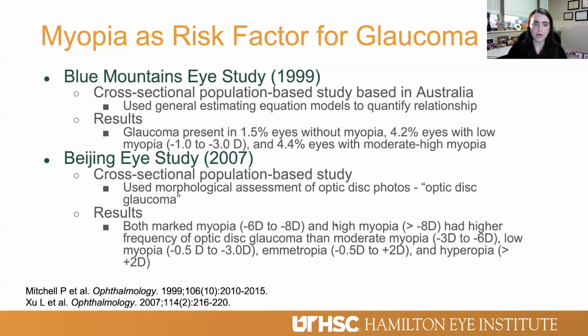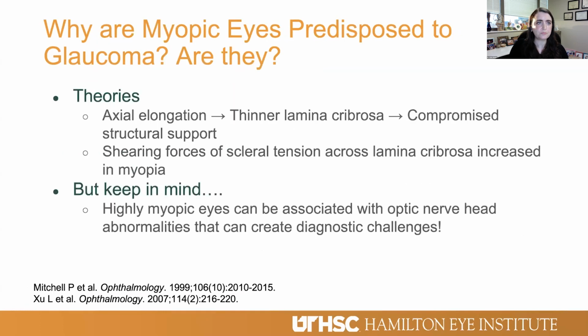They found that in patients with both marked myopia and high myopia, they define marked myopia as -6 to -8 diopters and high myopia as greater than -8, these patients had a higher incidence and frequency of optic disc glaucoma than those with moderate myopia, low myopia, emmetropia, and hyperopia. So this appears to be a risk factor according to these two large studies.